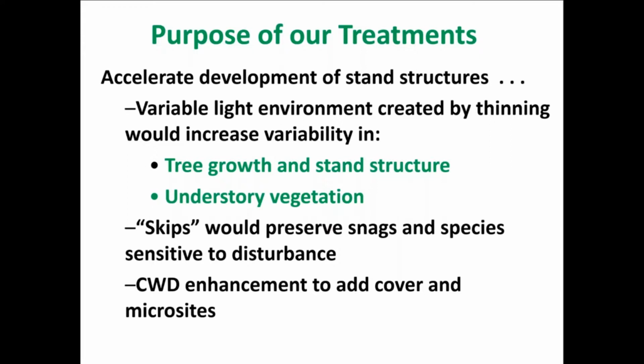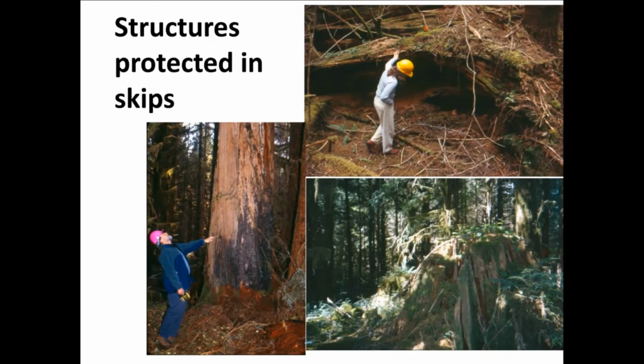The purpose of our treatments was to accelerate development of stand structures. We thought that the variable thinning would create a variable light environment that would increase the variability in tree growth, stand structure, and understory vegetation. The skips would preserve snags and species sensitive to disturbance.